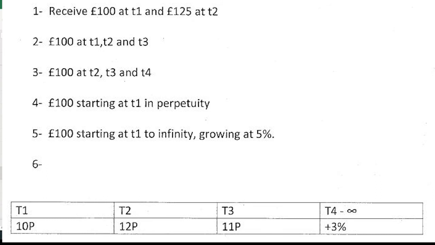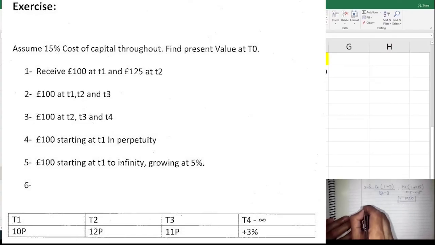So slightly different situation. We have T1. We are receiving 10 pence, 12 pence, and then 11 pence. And then at T4, we're receiving 11 pence plus 3% extra. So the timeline is T0, T1, T2, T3, and T4.